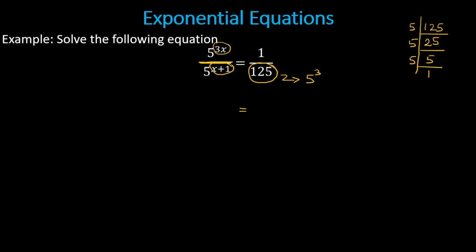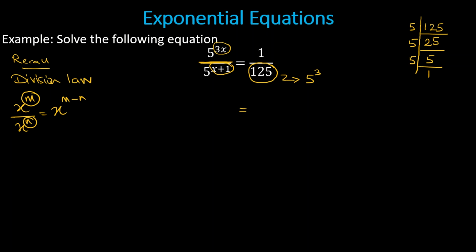We have to subtract the two powers, because from the division law, you remember, x power m divided by x power n is simply x power m minus n, that is the power of the numerator minus the power of the denominator.